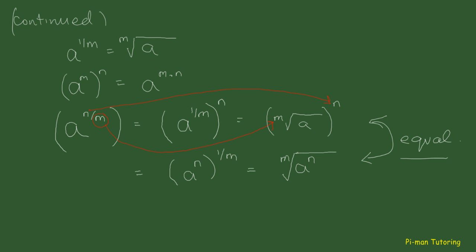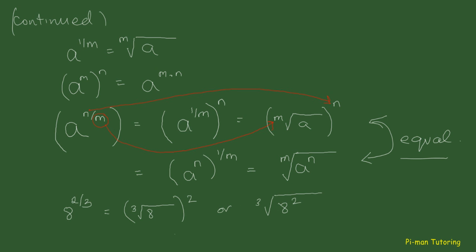And what we're normally looking for is which one gives us the easiest to calculate answer. For example, let's just do a quick example. 8 to the power of 2 over 3. We could either write this as the third root of 8 all squared, or we could write it as the third root of 8 squared.